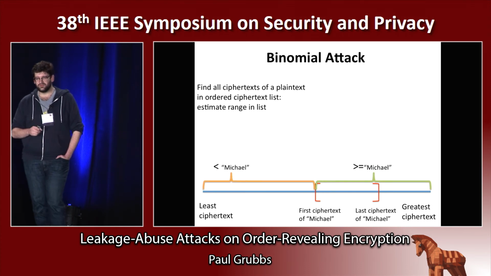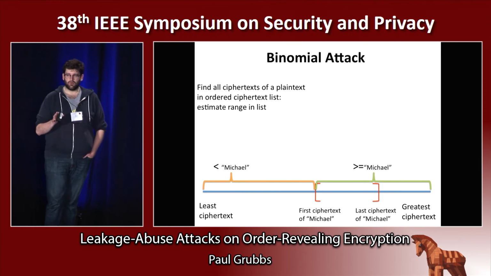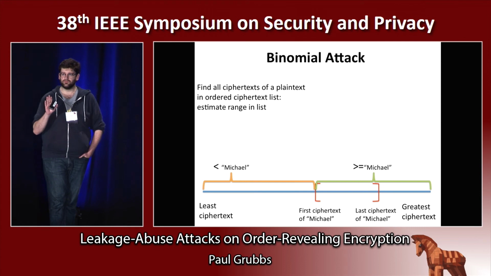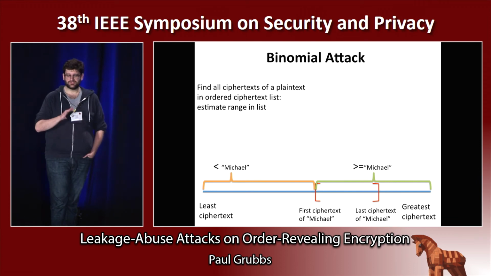Finding the first Michael is a little bit more complicated, and what we have to do here is basically consider all of the plaintexts that are encrypted in your sample as being split into one of two groups. Each plaintext is either strictly less than the name Michael, or it's greater than or equal to Michael.